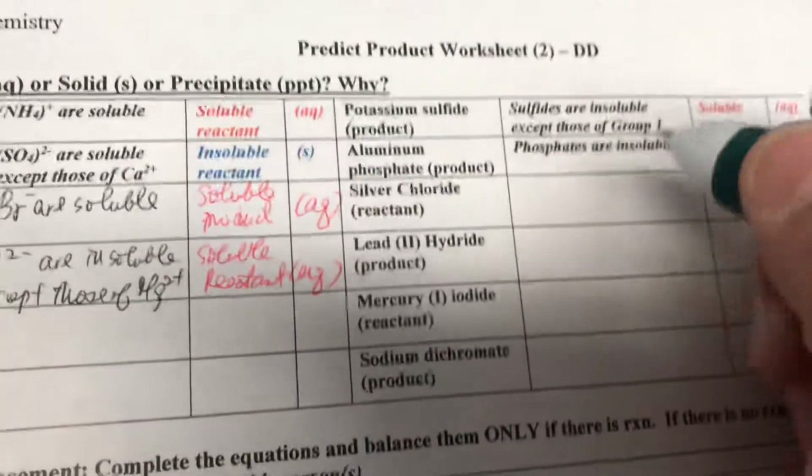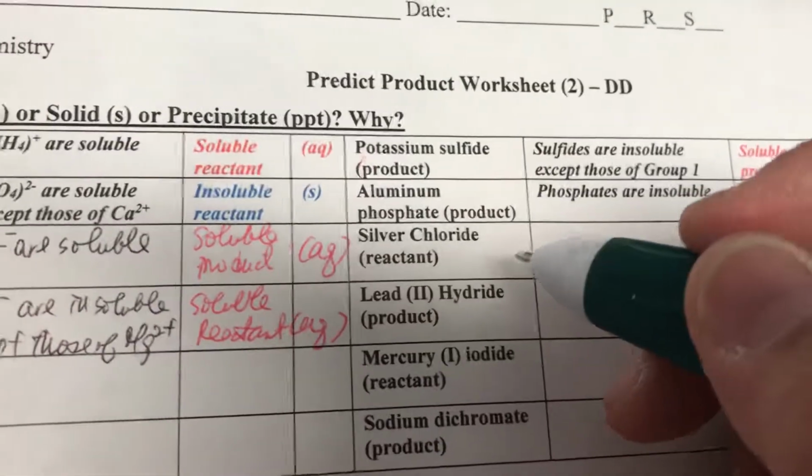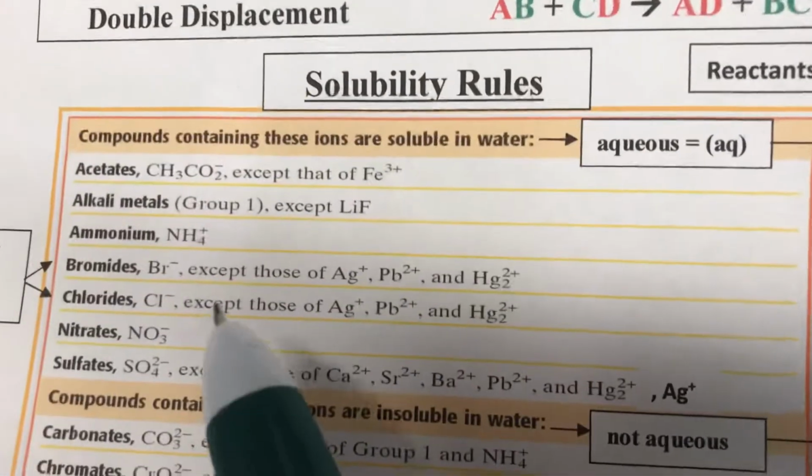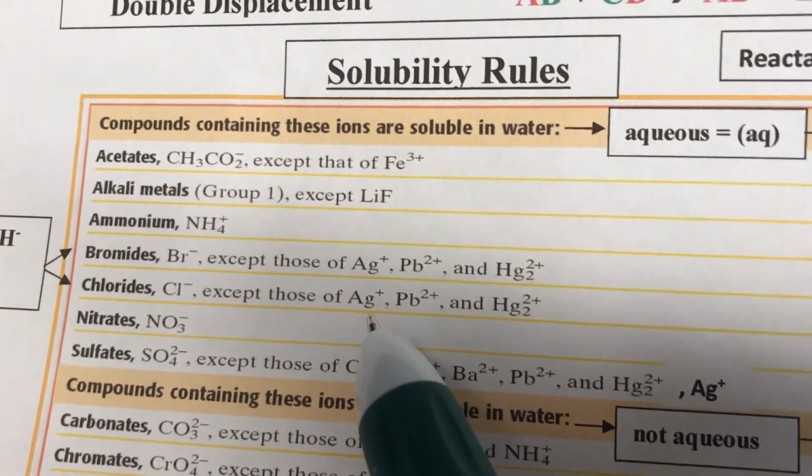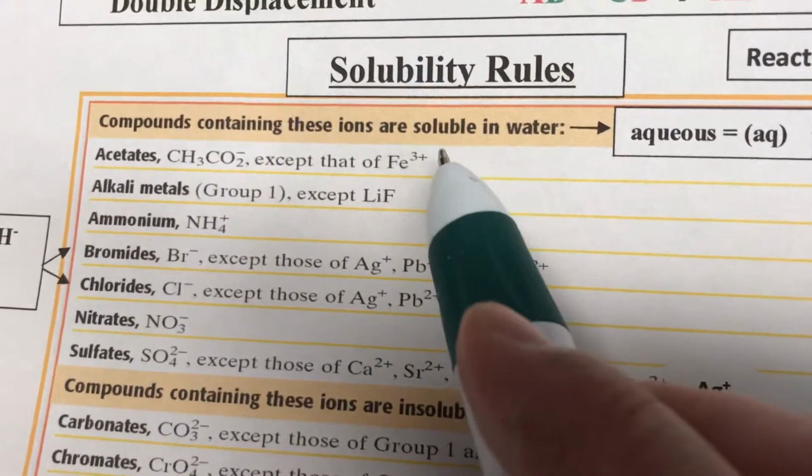Now here, silver chloride. It's the same thing. Chlorides are soluble except those of silver. Silver is Ag. So chlorides are soluble except those of silver.